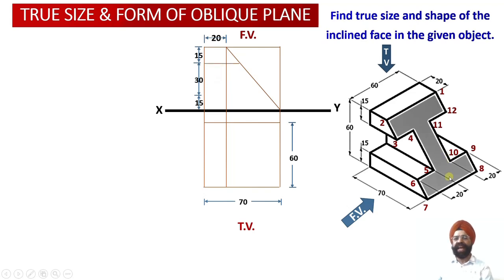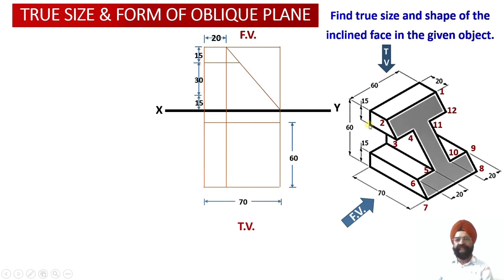Now let us start with the second thing. So we know that the height of this web is equal to 15 millimeter. So we know the height of the top web of the solid is equal to 15 millimeter. So corresponding to this height, now a horizontal projection has been drawn.